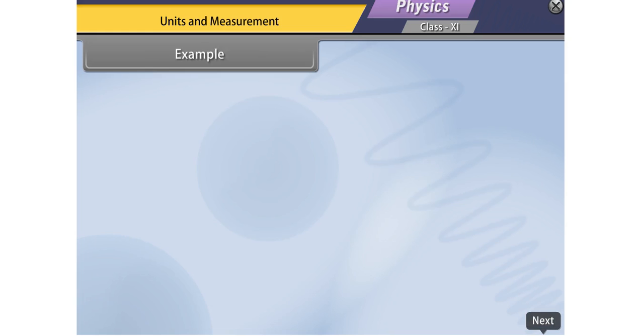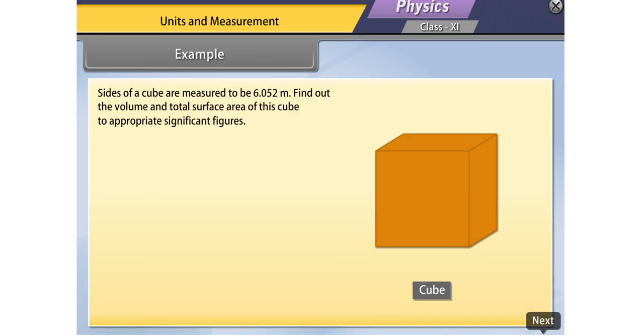Example. Let us take an example of significant figure. Sides of a cube are measured to be 6.052 meter. Find out the volume and total surface area of this cube to appropriate significant figures. Let us see the solution. Volume is equal to length into breadth into height.